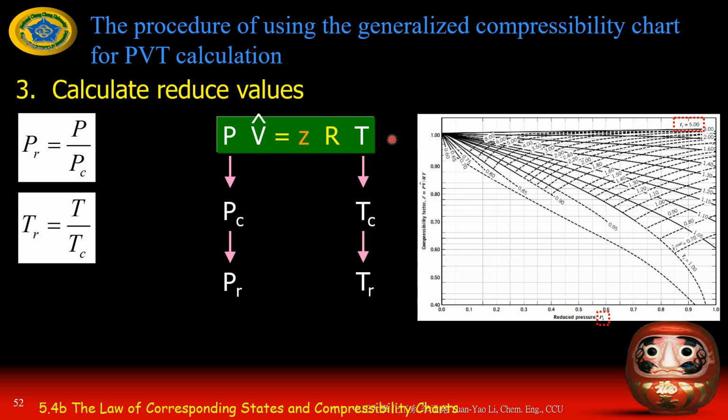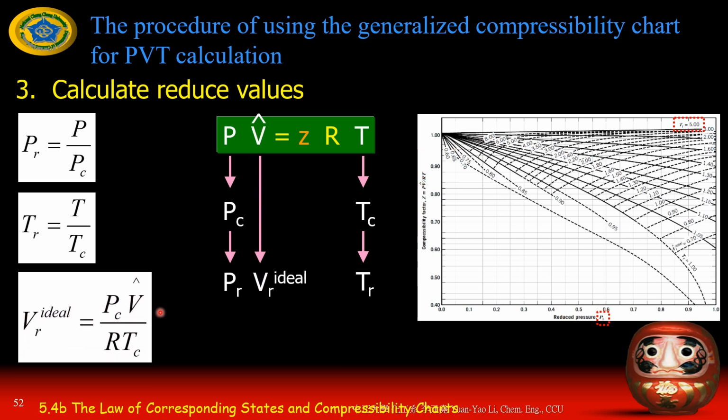How about VR ideal? VR ideal is V over RT_c over P_c, this line here. So you have the x-axis for PR, solid line for TR, and dashed line for VR ideal.